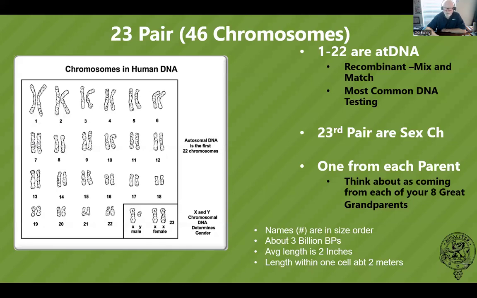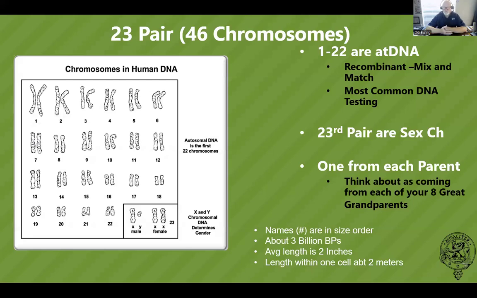It is the only chromosome that does not mix and match. That's what you really need to remember. And therefore, it can be used to identify a family line, male family line, for several generations, actually all the way back to Adam. And we'll deal with that in another video.